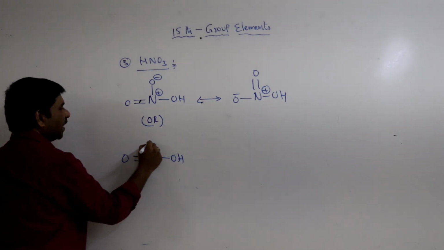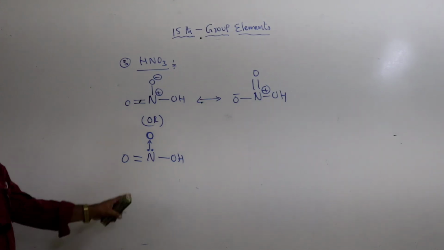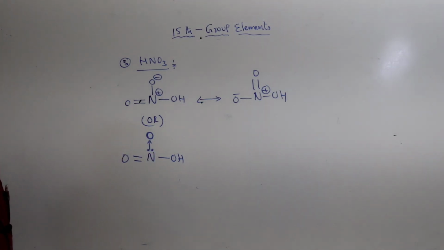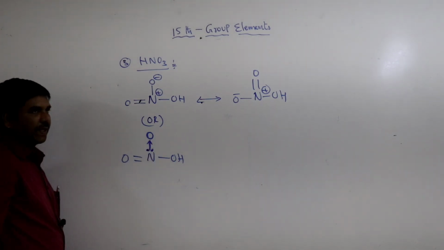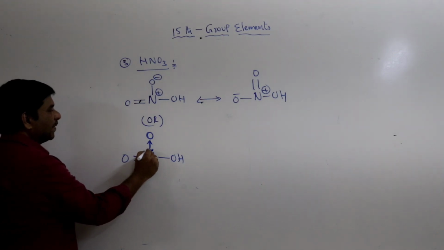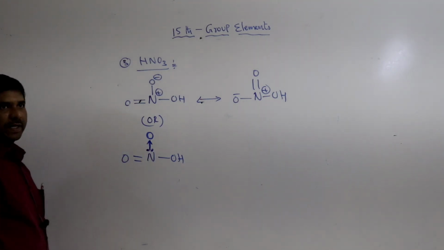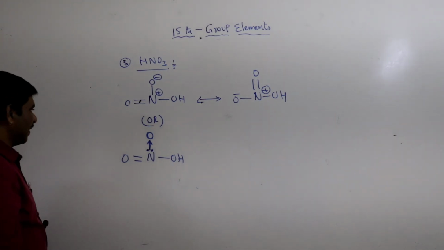Nitrogen has a lone pair. That lone pair is donated to oxygen. So a dative bond is possible, as the electron pair donor. Dative bonds are also considered covalent bonds.